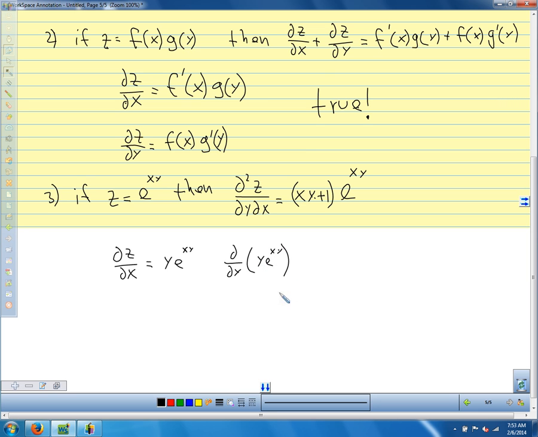We have to use the product rule, right? So when we do the product rule, we get y times x e to the xy plus e to the xy.